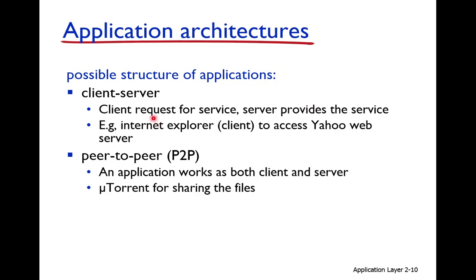For example, you are accessing the Yahoo web server. Yahoo web server is a server, and you are accessing it through Internet Explorer. You say, I want to access news on the Yahoo web server, so you can get Yahoo News or international news or Yahoo email, etc. So in the client-server model, one application will be the client.